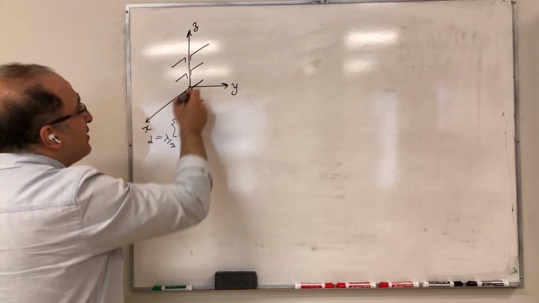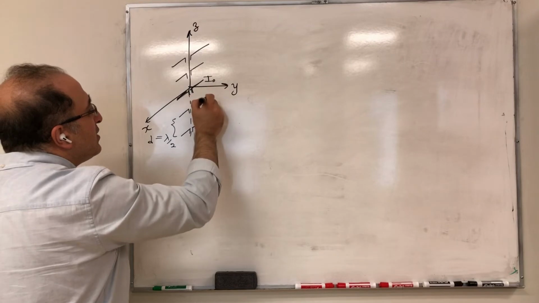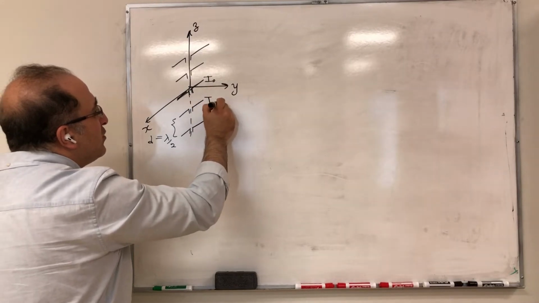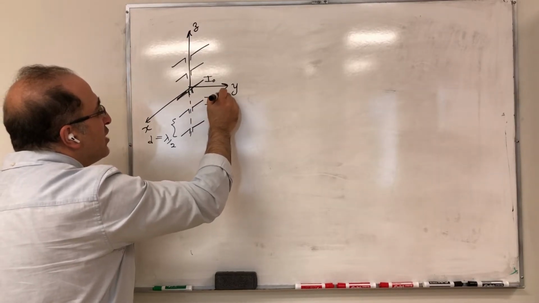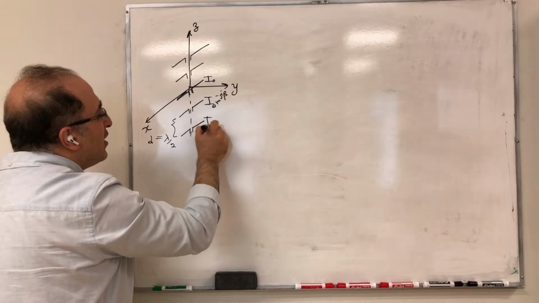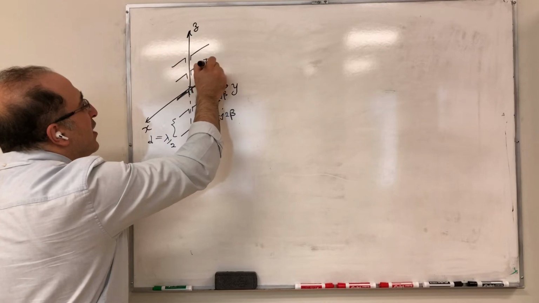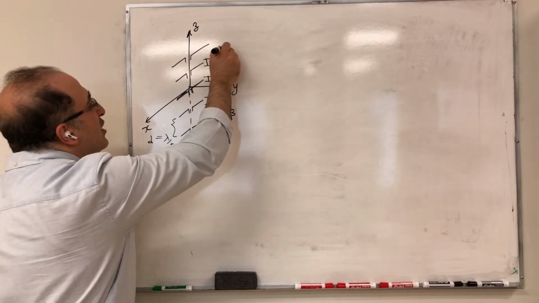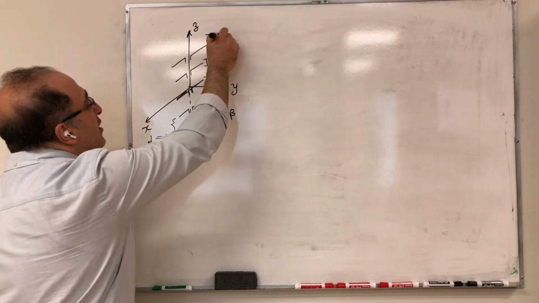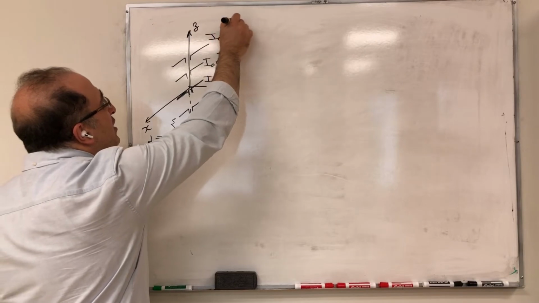And the current here is assumed to be I naught. This is I naught e to the power of minus j beta. This is I naught e to the power of minus j2 beta. This is I naught e to the power of plus j beta. This is I naught e to the power of plus j2 beta.